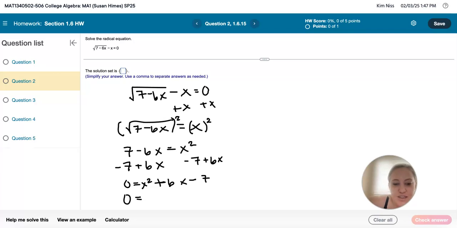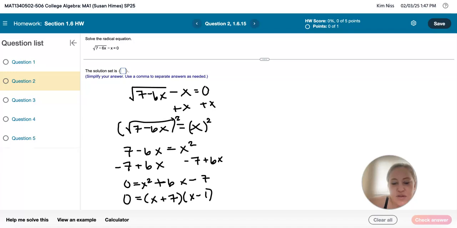And we need to get to positive 6, so we do that by taking positive 7 and negative 1, because 7 minus 1 is 6, but 7 times negative 1 is negative 7. So we'll have x plus 7 times x minus 1. And now we have our factored equation.